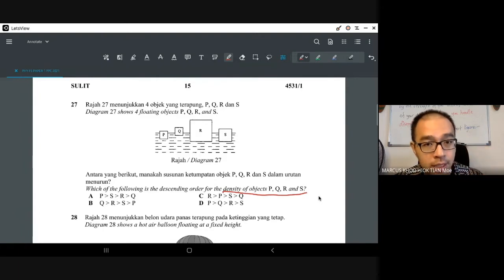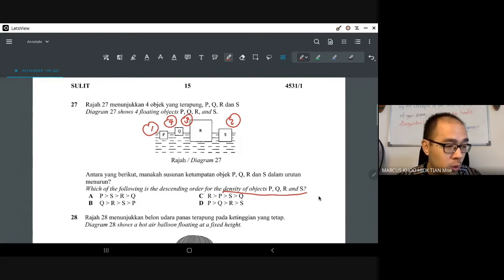The more it is in the water, the more dense it is. I repeat, the more it is in the water, the more dense it is. So we're talking about P, S, R, and then Q.